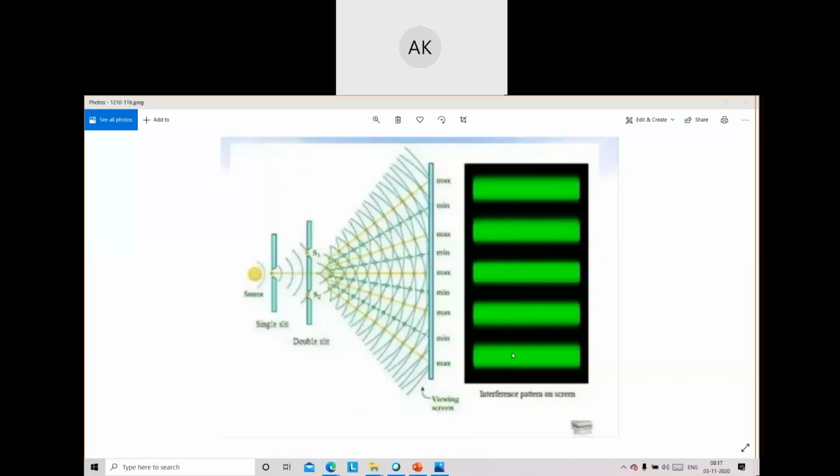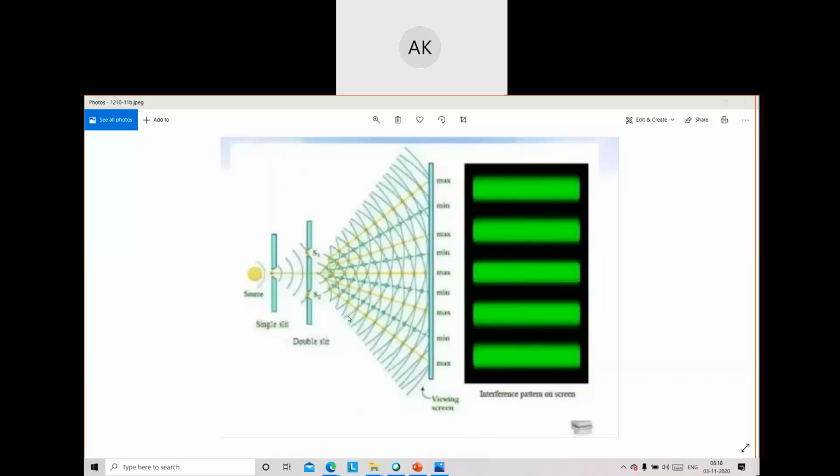The center will be a bright one, then a minimum region, then again a bright region. Alternate bright, dark, bright, dark. Like that, alternate bright and dark fringes are obtained on the screen.